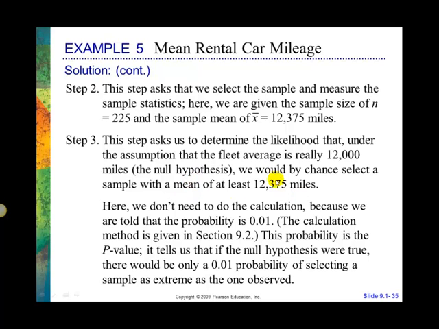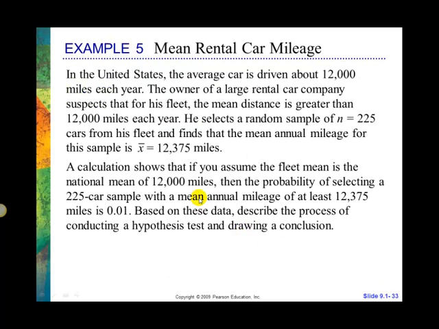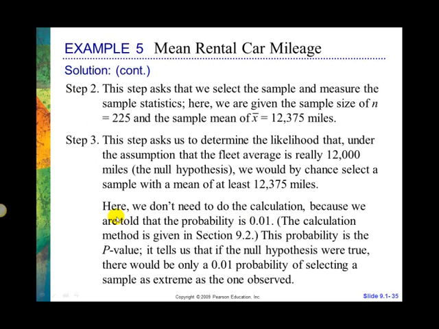We want to find the probability of getting a sample mean of 12,375 out of 100 cars. And it says they don't need the calculation because we're told that the probability is 0.01. Right here, in our problem. We found that the probability of getting this is at least 0.01. So, we have a p-value of at least 0.01.